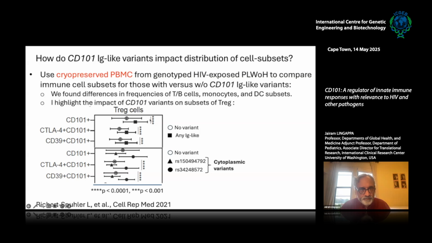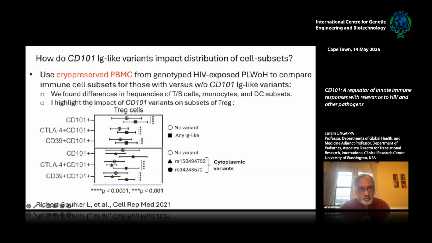And you can see that there's strong statistical significance in the difference of CD101 positive regulatory T cells being increased in individuals with Ig-like variants compared to individuals with no variants.